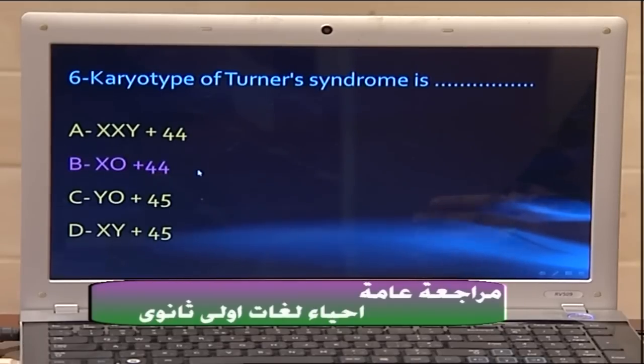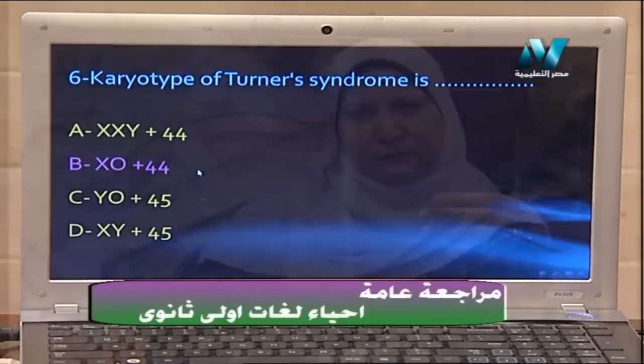The normal number of chromosomes in the human is 46. This female is abnormal because her cell contains 45 chromosomes, not 46. That means the number of chromosomes is decreased by 1 from normal.